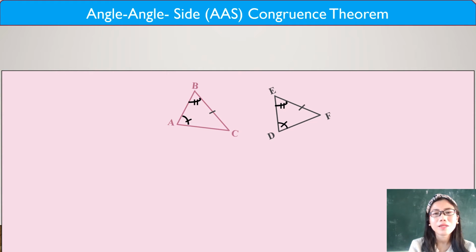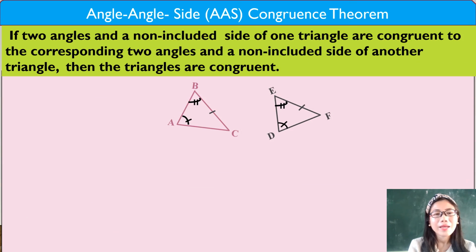Now let's proceed to the congruence theorem. This is called the angle, angle, side, or AAS Congruence Theorem. Here, if two angles and a non-included side of one triangle are congruent to the corresponding two angles and a non-included side of another triangle, then the triangles are congruent.